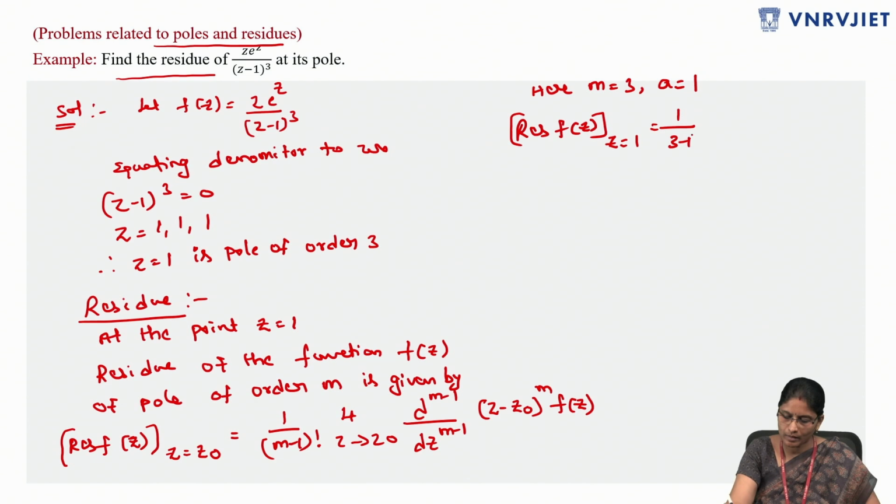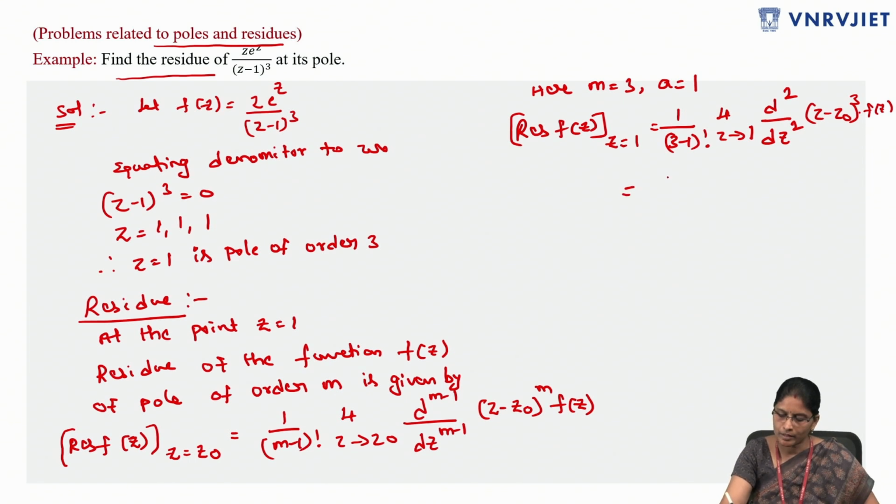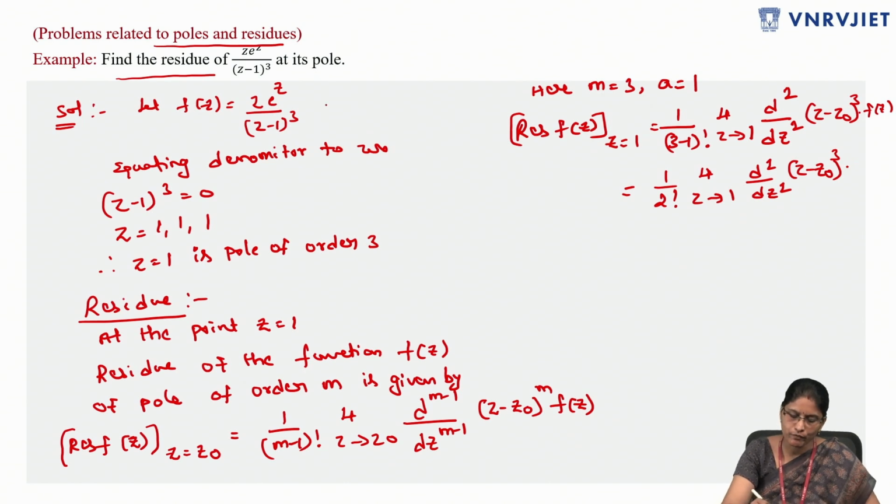1 by 3 minus 1 factorial limit z tends to 1 d power 3 minus 1, we get d square by dz square of z minus z naught whole cube into f of z, that equals 1 by 2 factorial limit z tends to 1 d square by dz square into z minus z naught whole cube into what is the given function f of z?